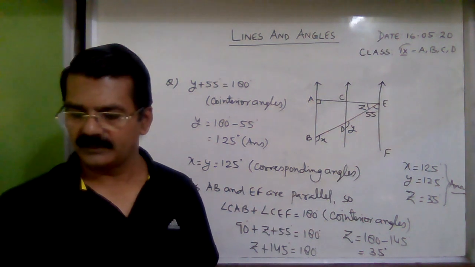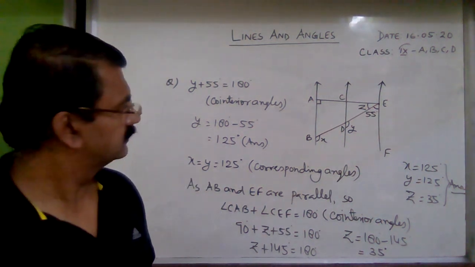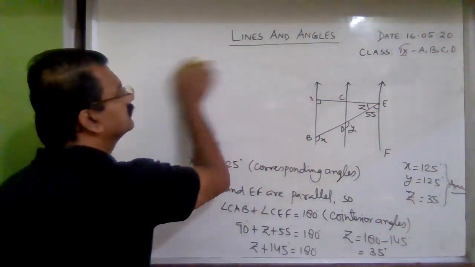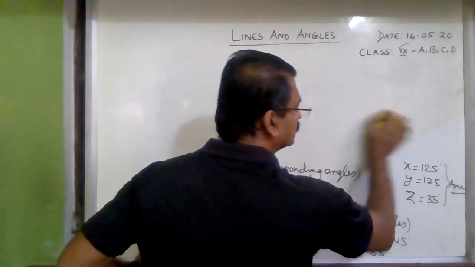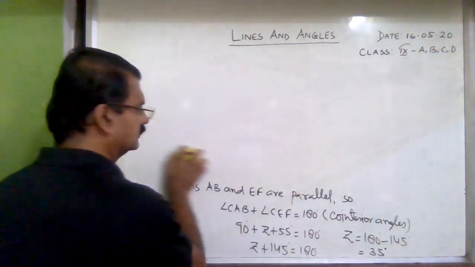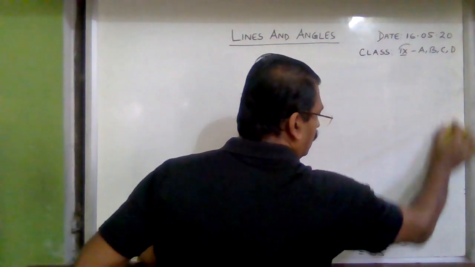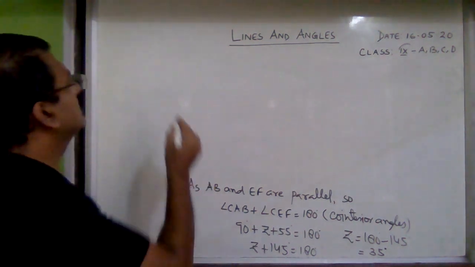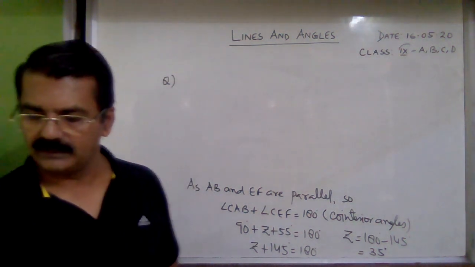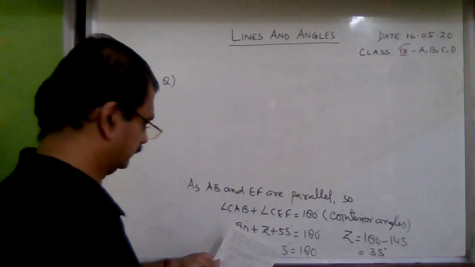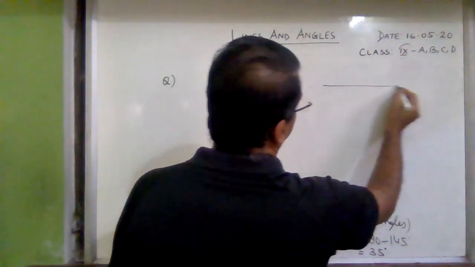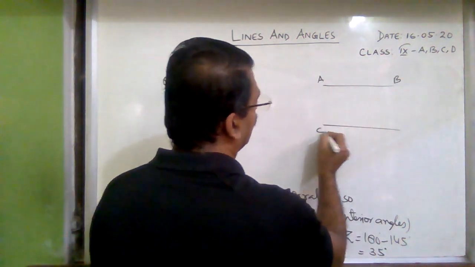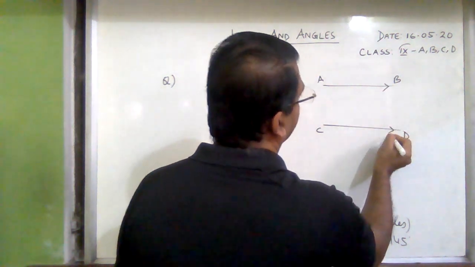So we will continue with another example, and the question is: AB and CD are two lines and they are parallel to each other.